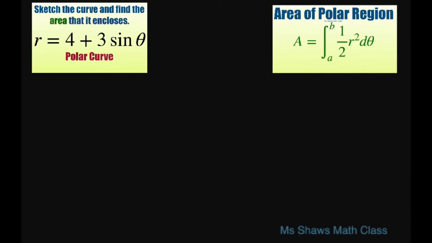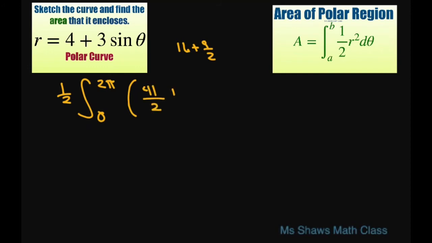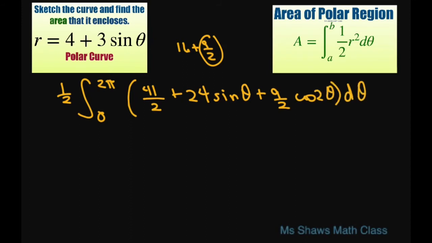So we're going to have 1/2 the integral from 0 to 2 pi. And now when you add the 16 plus 9/2, that's going to give you 41 divided by 2. Just copy down your 24 sine of theta, and then we have to multiply the 9/2 also by our cosine of 2 theta. Now we can integrate.